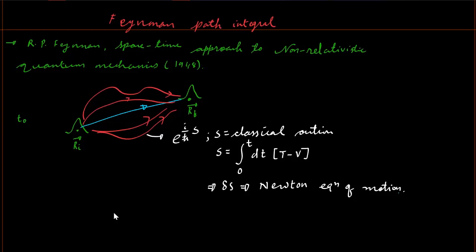Okay, but in quantum mechanics the case is completely different. That is, there is no principle of least action. That means there is no particular path that the particle follows. Okay, all paths are possible. I mean, all actions are allowed.